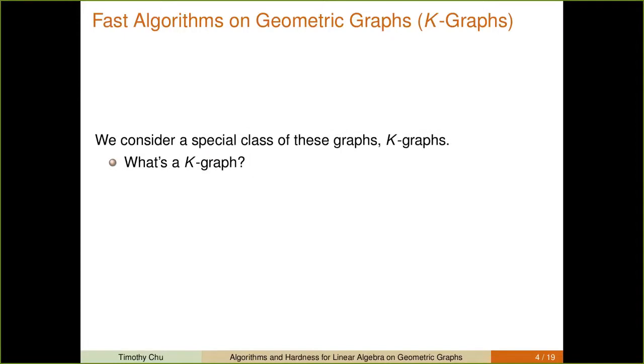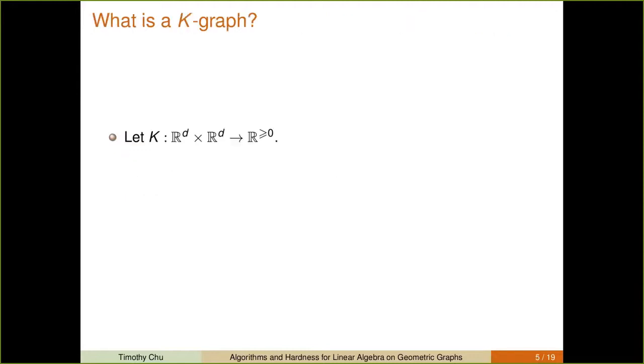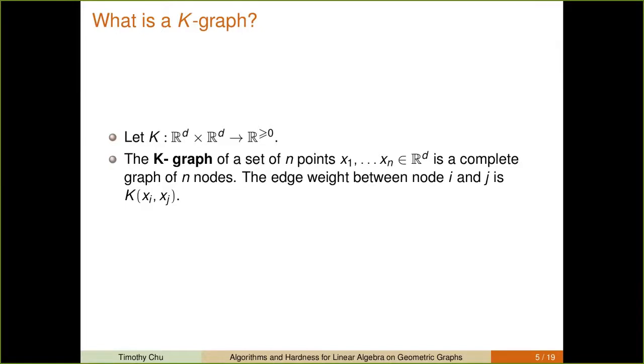Before we dive into all the details, let's first restrict ourselves to a special class of these graphs called k-graphs. This restriction is not actually that restrictive. What is a k-graph? It is defined as follows. You take n points in your d-dimensional Euclidean space, and you draw the complete graph on all n nodes.